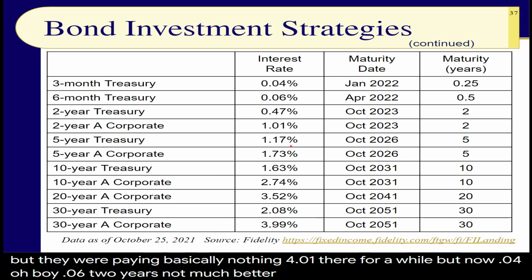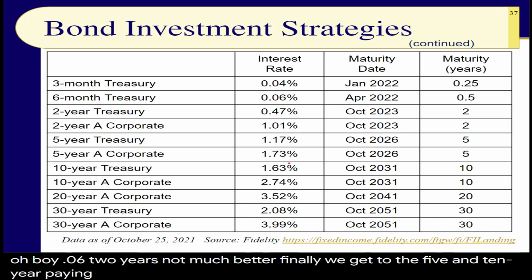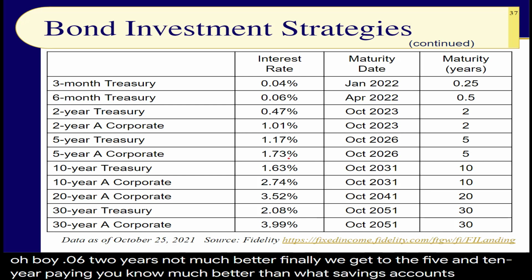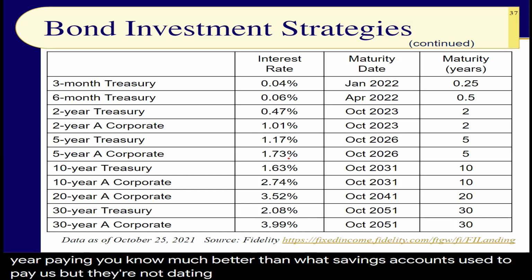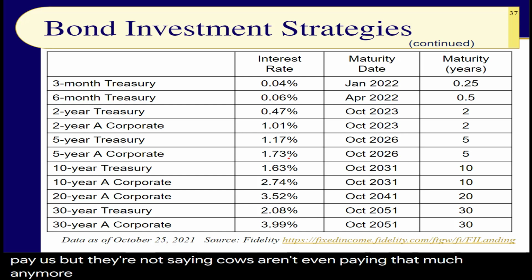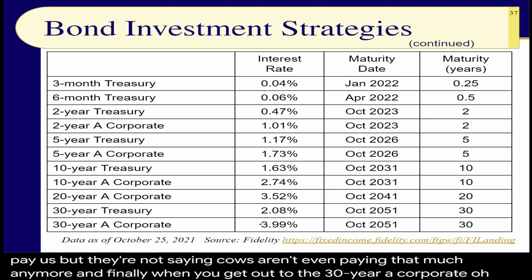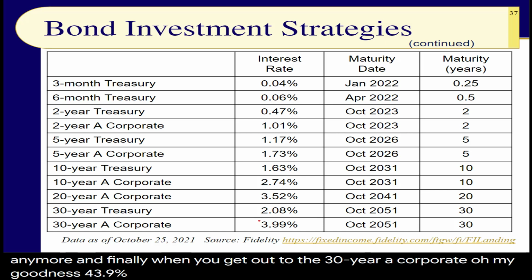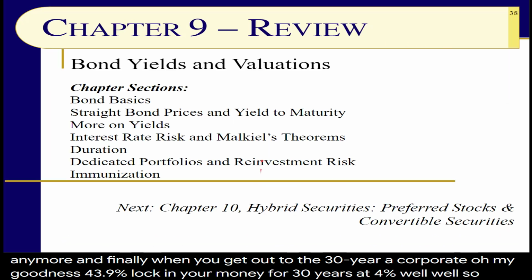Finally, we get to the 5 and 10 year paying not much better than what savings accounts used to pay us, but savings accounts aren't even paying that much anymore. And finally, when you get out to the 30-year A corporate, oh my goodness, 3.99%. Lock in your money for 30 years at 4%. Oh, well.